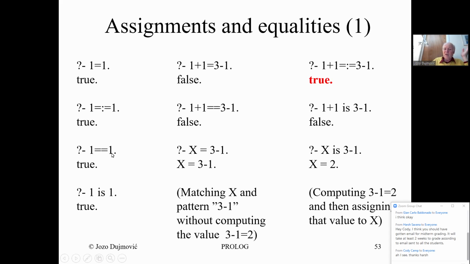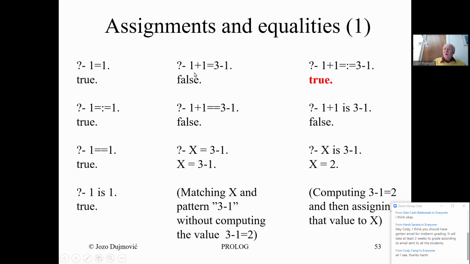This is pointer identical. There is also a strange possibility to compute this 1 and then check it against what is on the left-hand side. If it is the same, PROLOG will say true. Also with "is". So it is not going to assign the value, but it is going to check them, find the sameness, and answer true.